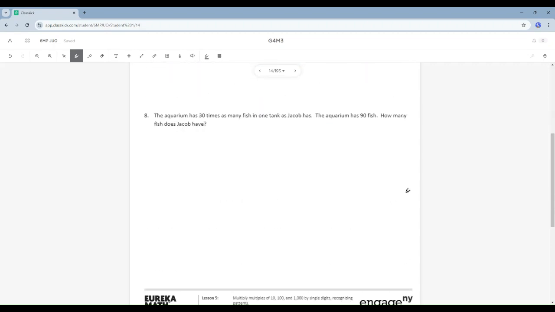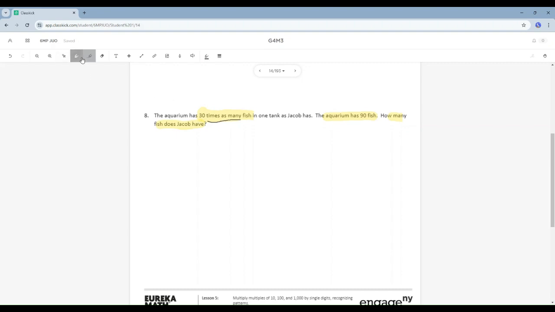And finally, we'll take a look at number 8, where it says the aquarium has 30 times as many fish. That same sort of verbiage as we see in number 7, with times as many. 30 times as many fish in one tank as Jacob has. The aquarium has 90 fish. So we need to solve for how many fish Jacob has.